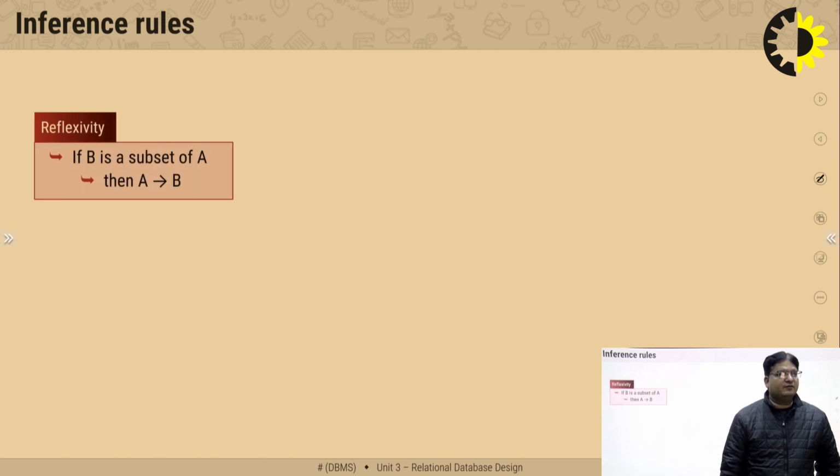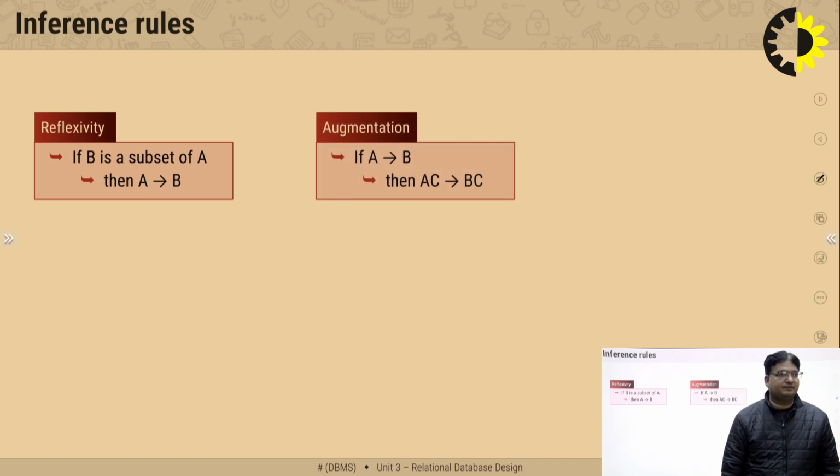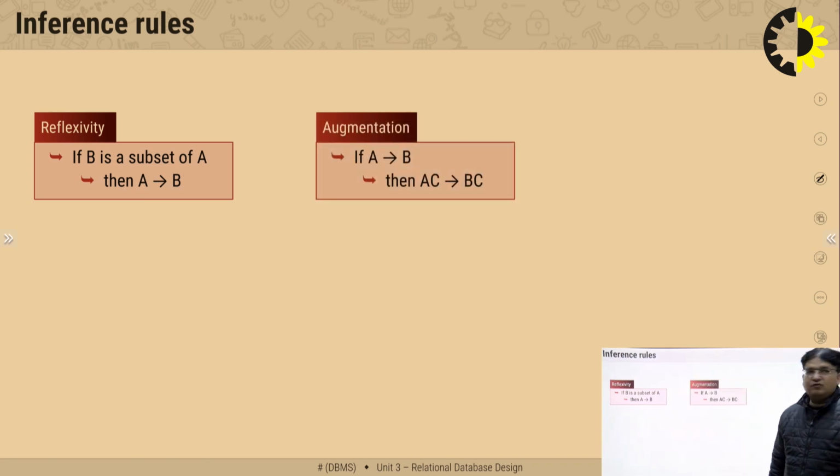So first we will be studying reflexivity. That is, reflexivity means that if B is a subset of A, then we can say that A determines B. Second is augmentation rule. If A determines B, then we can say that A determines BC.